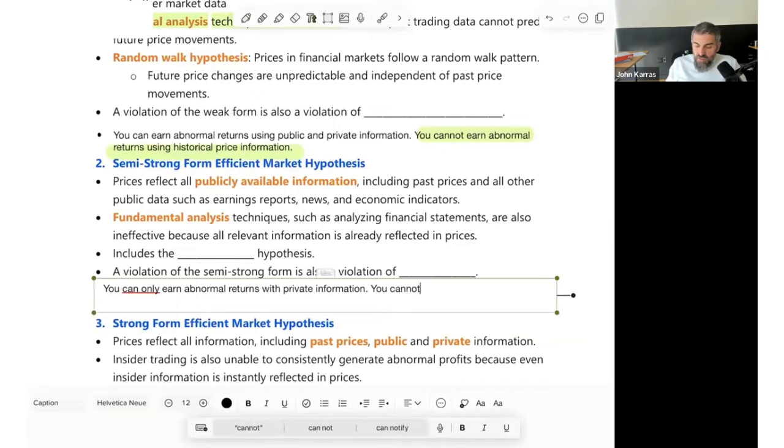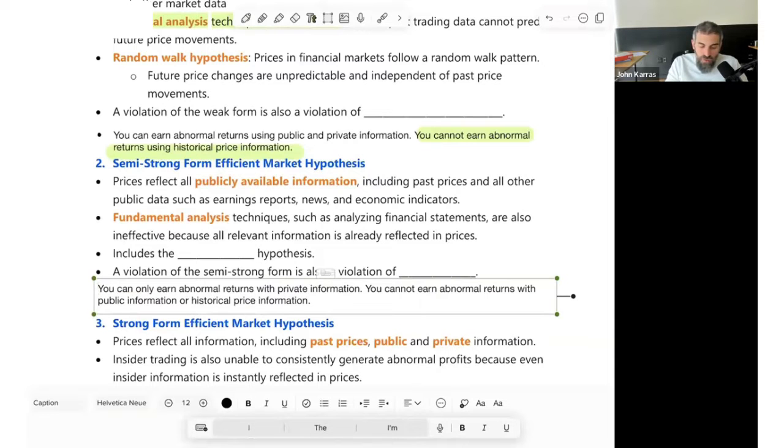You cannot earn abnormal returns with public information or historical price information.